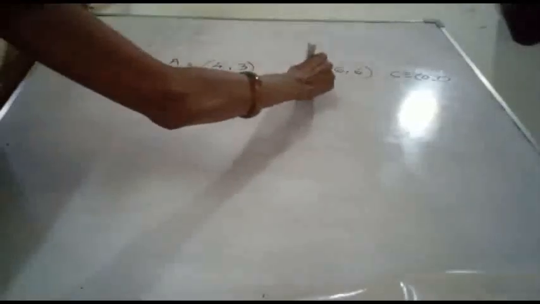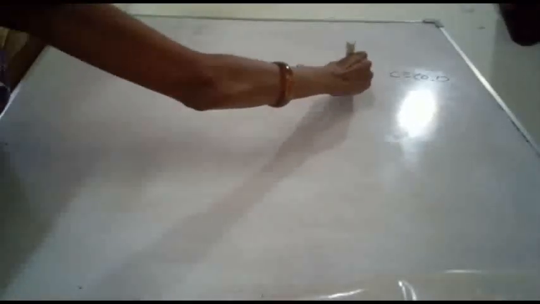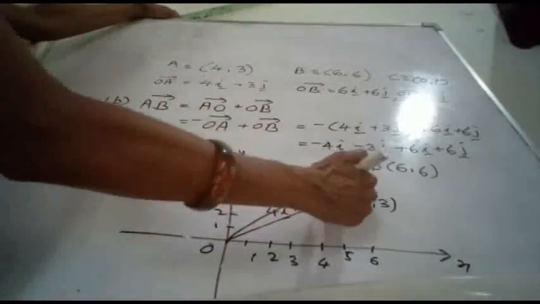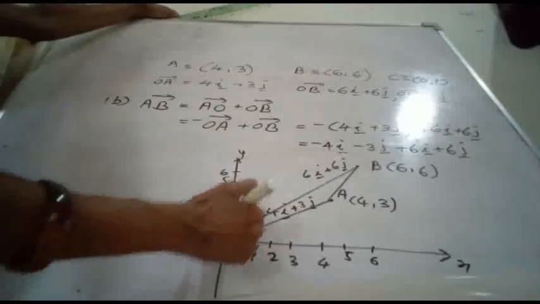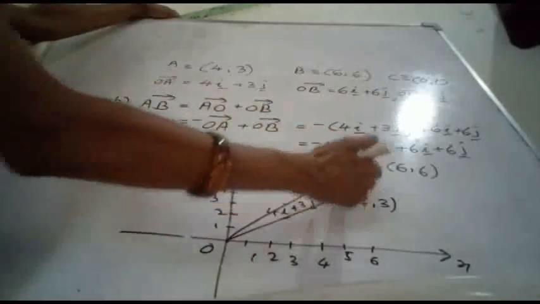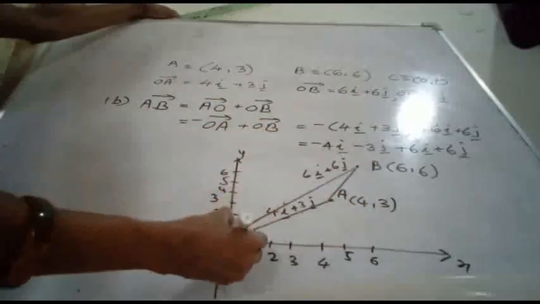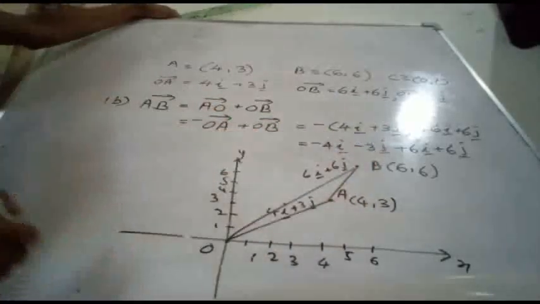Vector OB is equal to 6i plus 6j. AO plus OB is equal to vector AB.